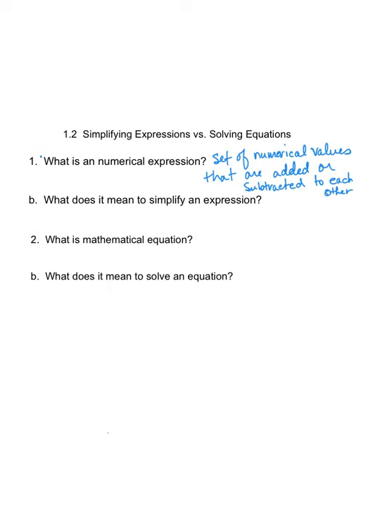Sometimes called terms, and we'll talk about that in the next section. But very simply, it's just a whole bunch of things that are added and subtracted to each other.